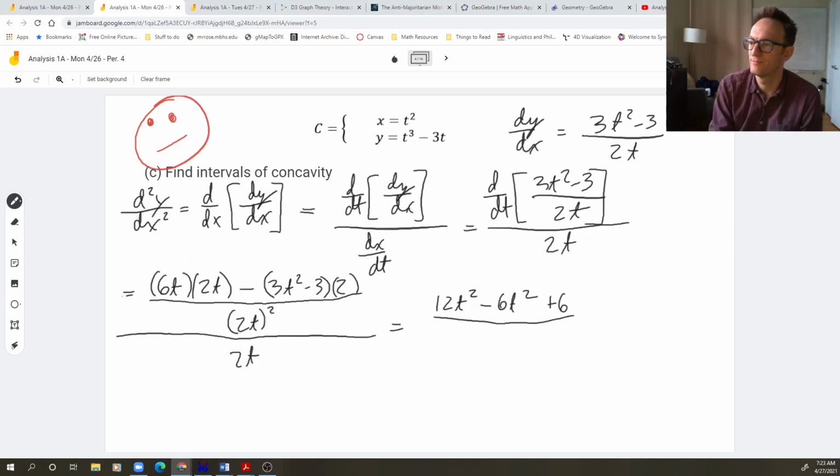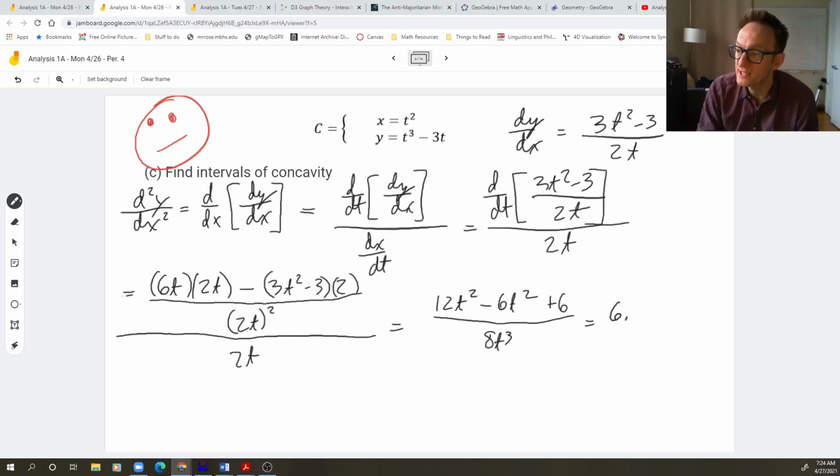Derivative of the top times the bottom minus the top times the derivative of the bottom: 12t squared minus 6t squared plus 6, I guess this is right, sure, all over 8t cubed. Okay, so what do I get here?